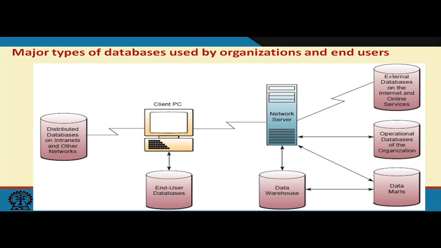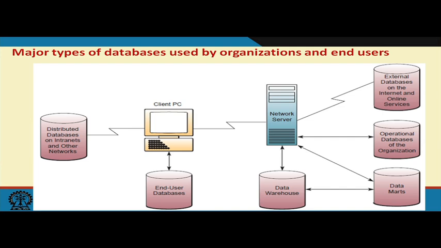Now, the difference between data warehouses and data marts is that a data warehouse is the organizational repository of data of different kinds, but a data mart is something you can think of as a data warehouse which contains data corresponding to a particular area. Let us say you have a data mart for all your sales and marketing operations, and one data mart for your operations management activities, for managing your manufacturing operation.